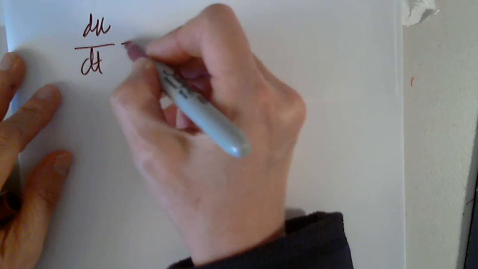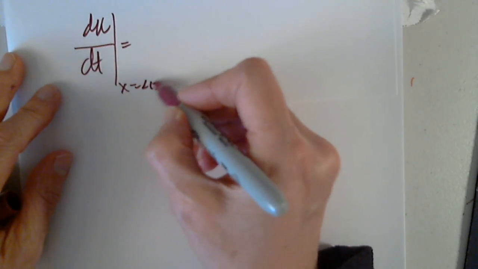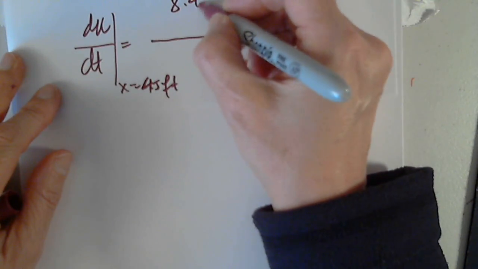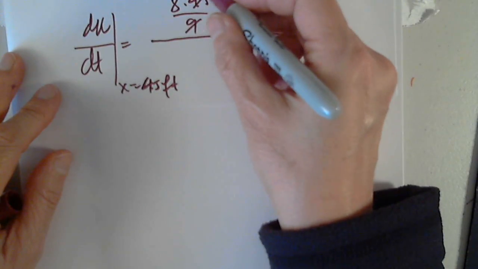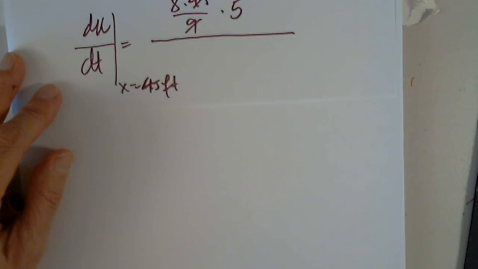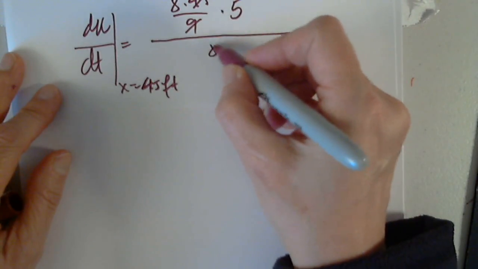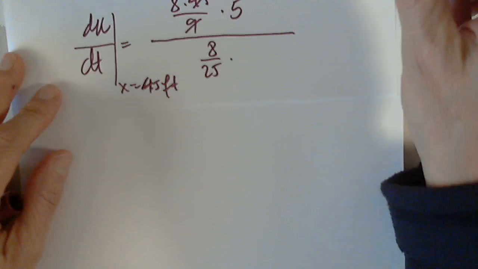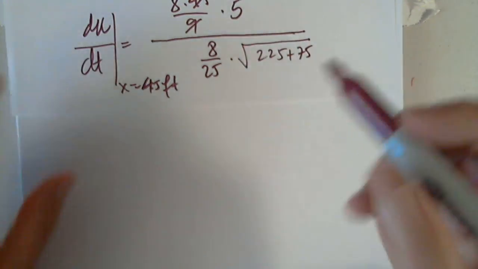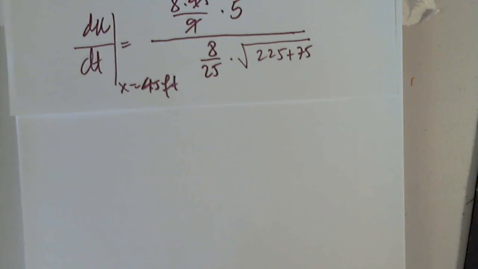So when x is 45, so dw over dt, when x equals 45 feet, that will be 8 times 45 divided by 9. I'll simplify and I get 5. Multiply by 5. The denominator 8 over 25, and multiply by this, which is the square root of 225 plus 75.